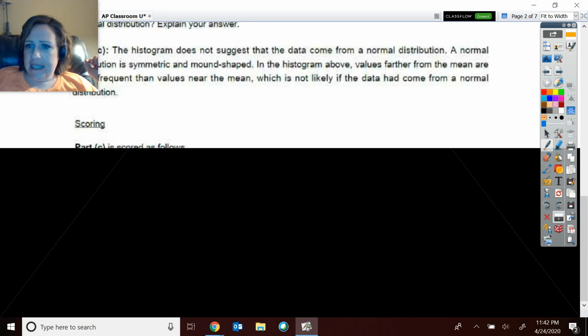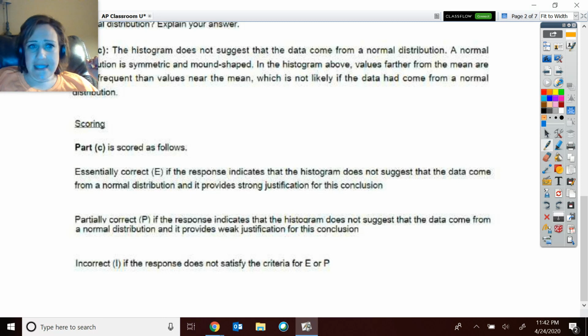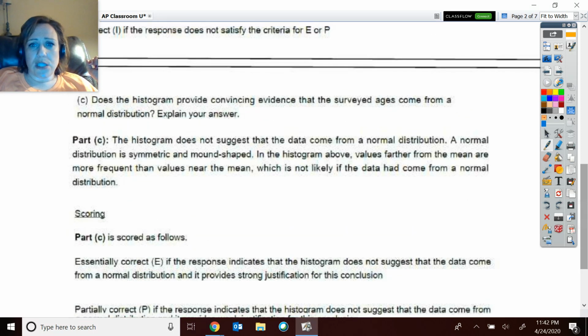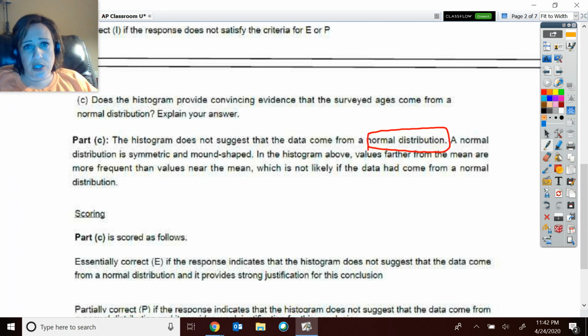All right, C was asking you, does this histogram suggest that the data could have come from a normal distribution of information? So, let's think to what we've done fairly recently with our inference.